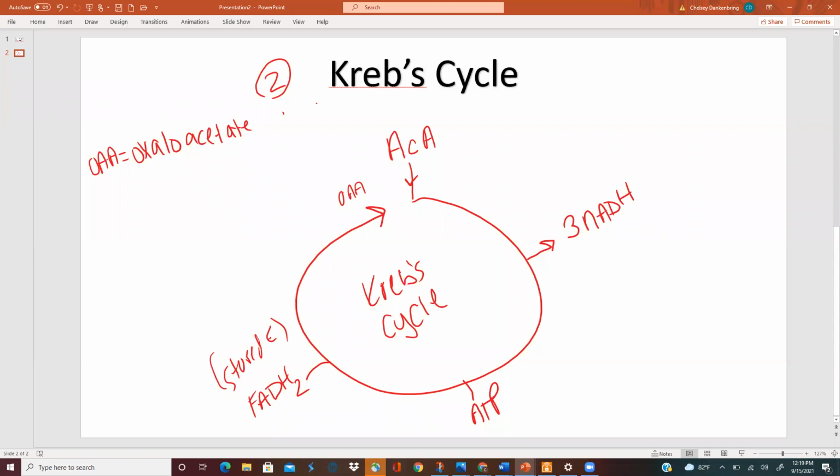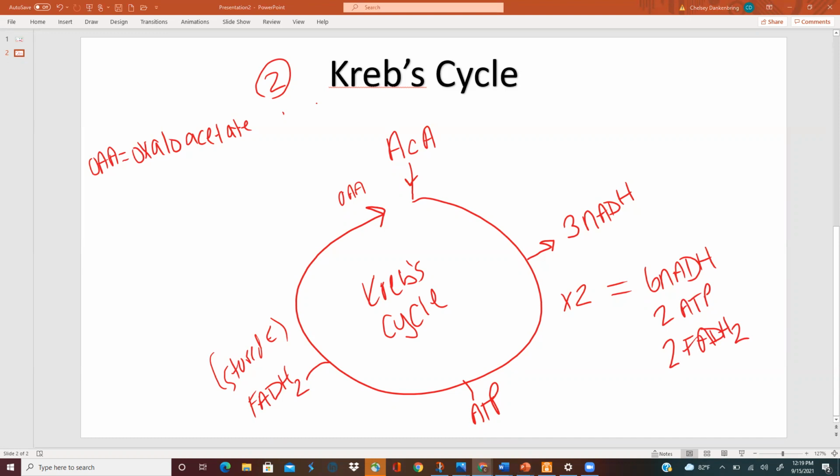Now remember, these products are from 1 molecule of acetyl-CoA, but we made 2 molecules of acetyl-CoA in the linking step, so we need to do this twice. When you multiply these numbers by 2 for 2 turns of the Krebs cycle, we're actually going to make 6 molecules of stored energy in the form of NADH, 2 molecules of usable ATP, and 2 molecules of stored energy in the form of FADH2.